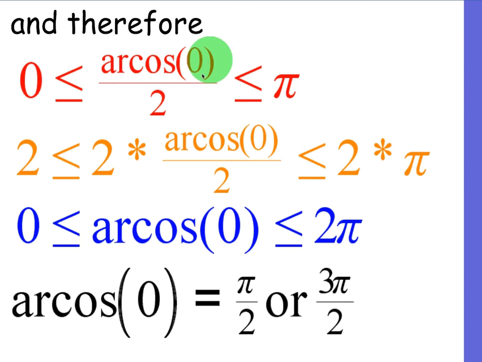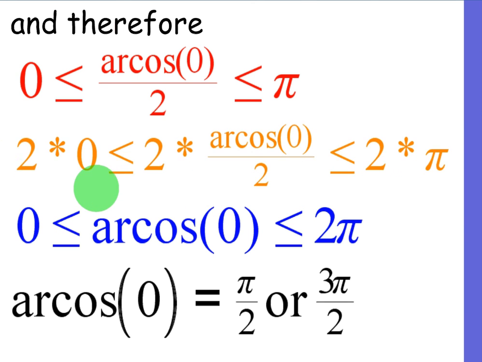So we know arc cosine of 0 over 2 is between 0 and pi, and if we do some inequality multiplication and multiply all of this by 2, we will get a new interval. It'll be 2 times 0 on the left, which is just 0. In the middle, the 2's will cancel, leaving arc cosine of 0. On the right, 2 times pi is 2 pi. So this tells us that our arc cosine answer must be between 0 and 2 pi.